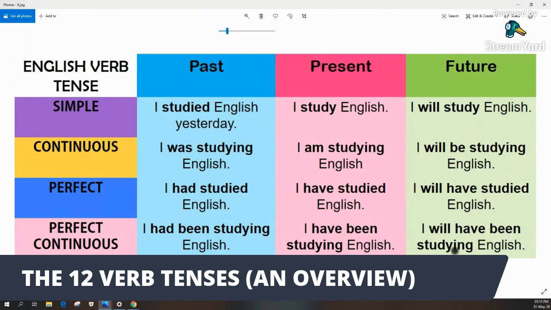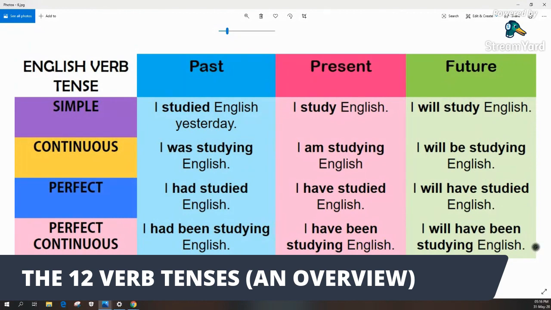And then the last, we have here, I will have been studying English. So when to use this? This is to indicate an action that will have happened for some time and will not be complete yet at a certain point in the future.